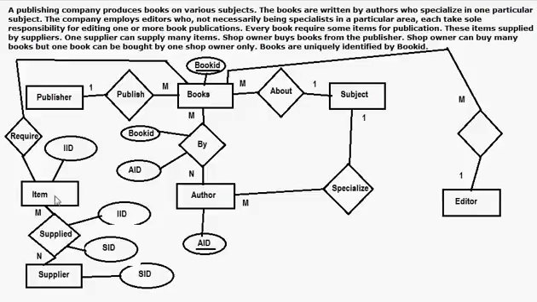One book requires many items, and one item can be required for many books. So this will be a many to many relationship too, M to N.